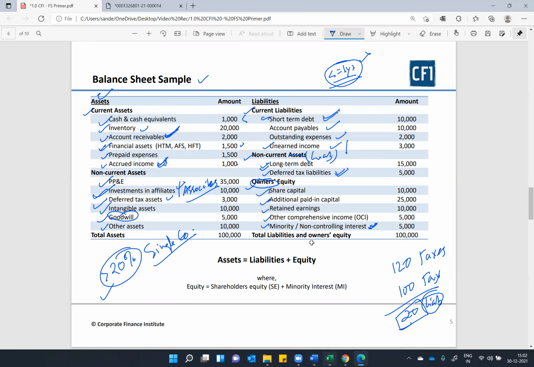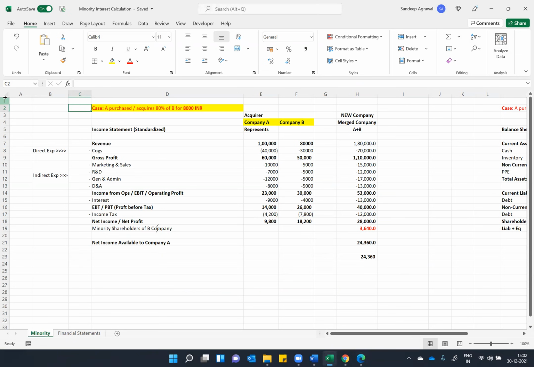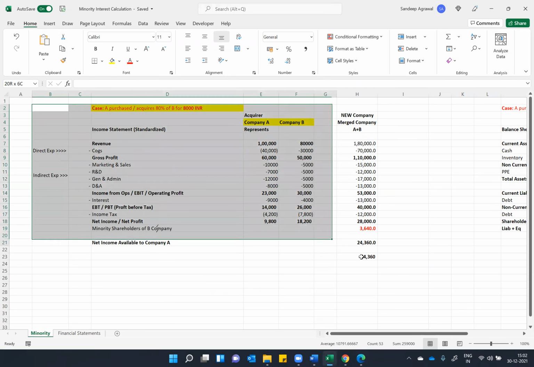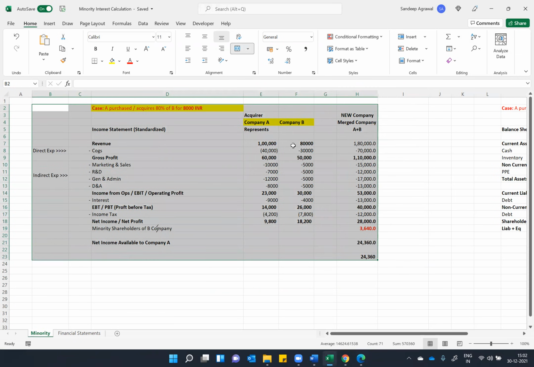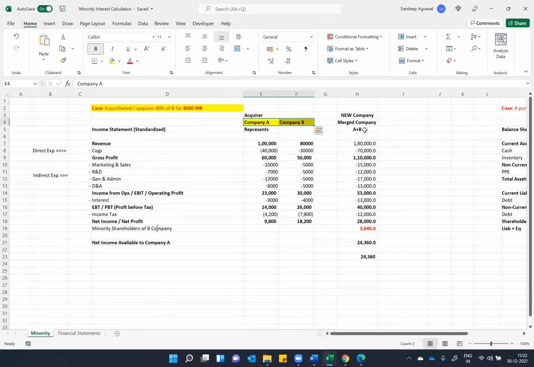So let's move to the balance sheet. If you remember, in the first video we discussed the income statement, how the merging takes place and how this merging leads to a minority shareholding case in an acquisition which is between 50% to 100%.